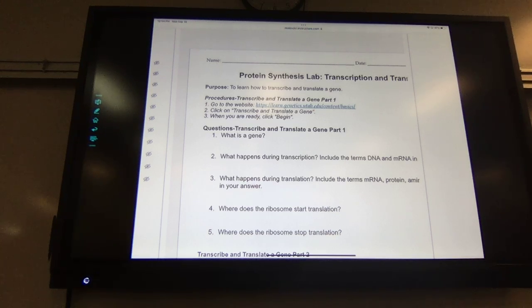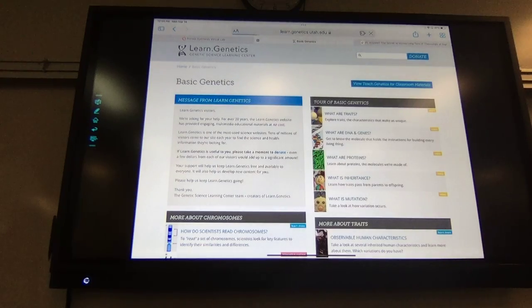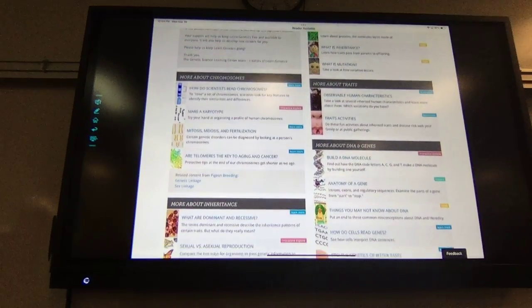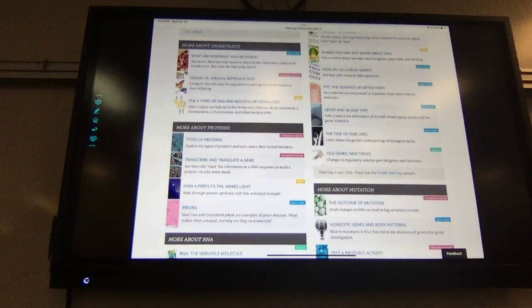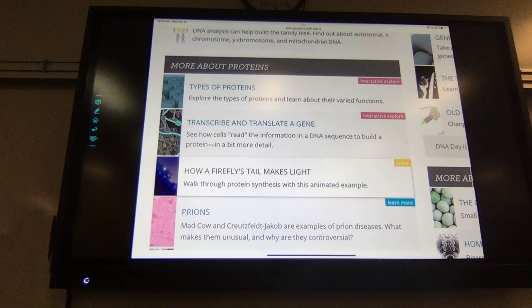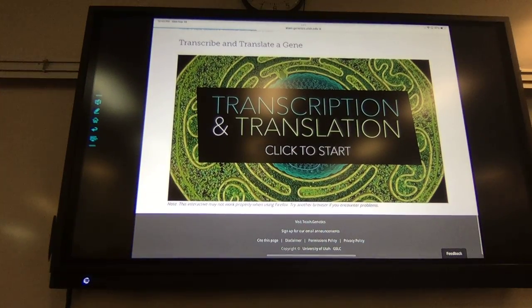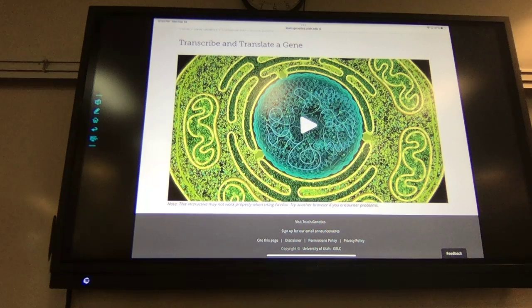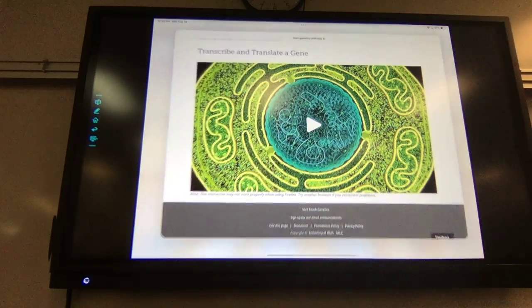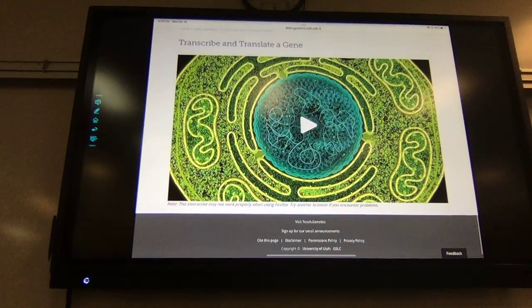So go to this website, and you're going to go down here to transcribe and translate a gene. Go down and click into transcribe and translate a gene, and I think it works for you guys.